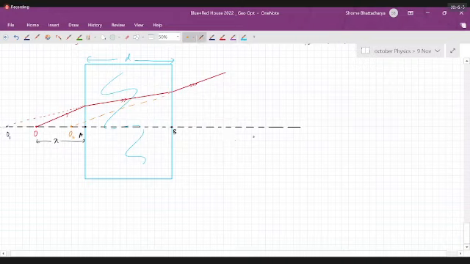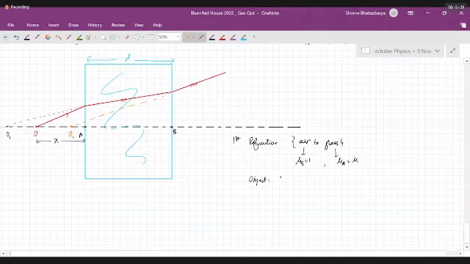So for the first refraction, air to glass, we'll take mu B as 1, mu A as mu. So the object is O and the image is O1.